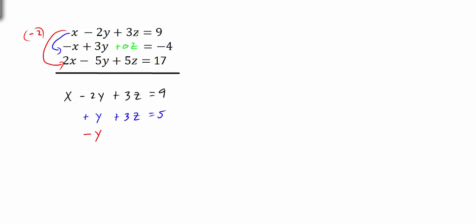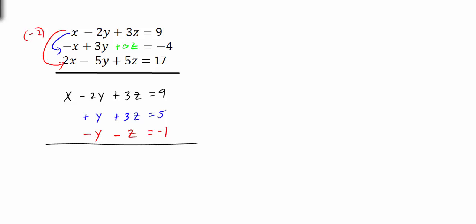Negative 6z added to 5z, so negative 6 plus positive 5 would be a negative 1, or simply a negative z. And don't forget, negative 2 times 9 is a negative 18. Negative 18 and 17 would be equal to a negative 1.